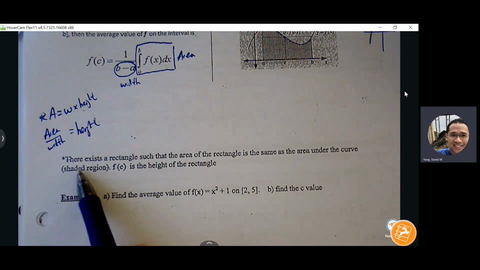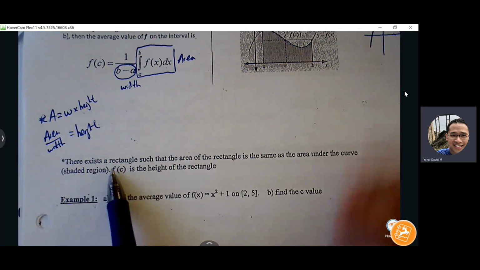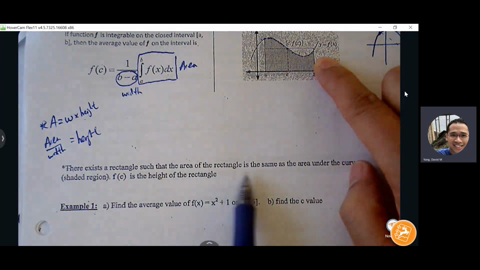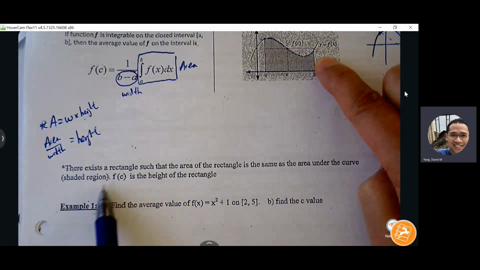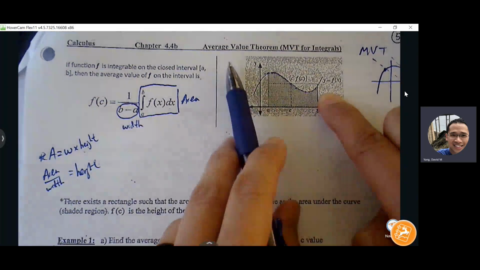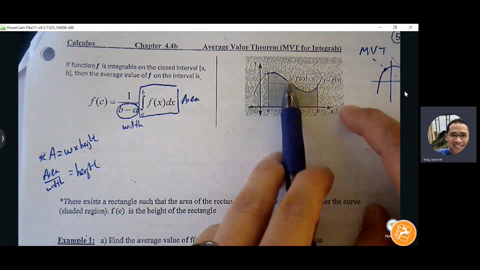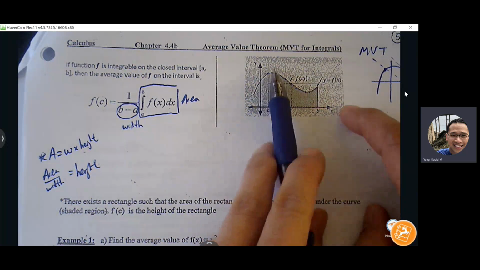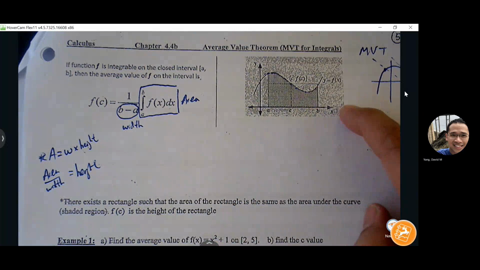Let me read this statement here. There exists a rectangle such that the area of the rectangle is the same as the area under the curve, and f of c is the height of that rectangle. Or in other words, it's also the average height across all the different heights in that interval.